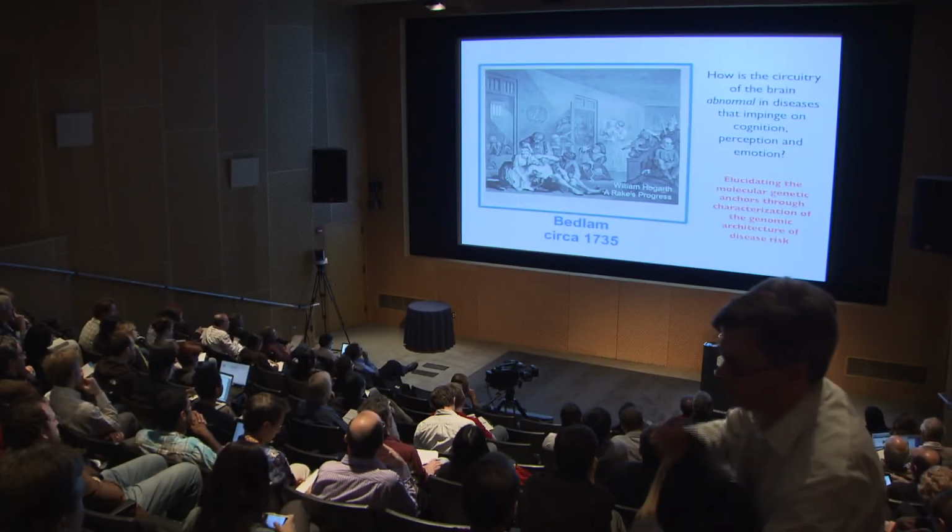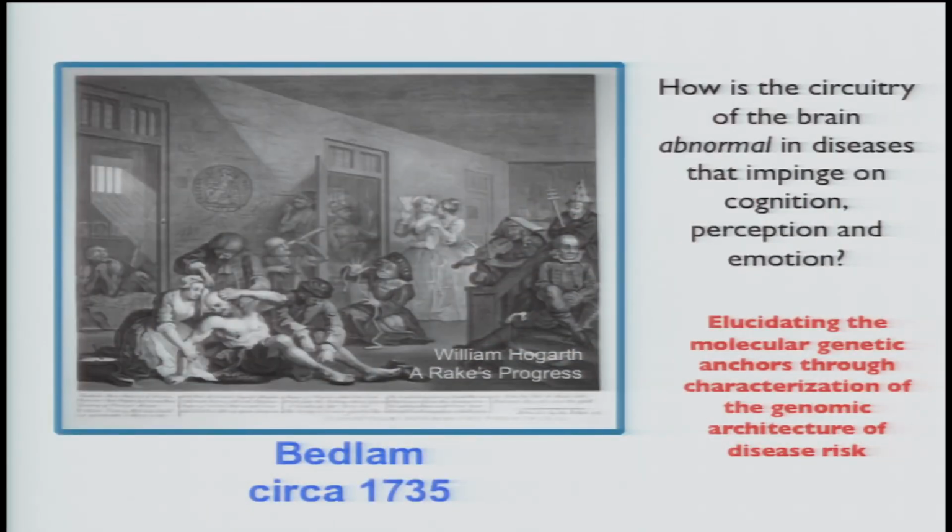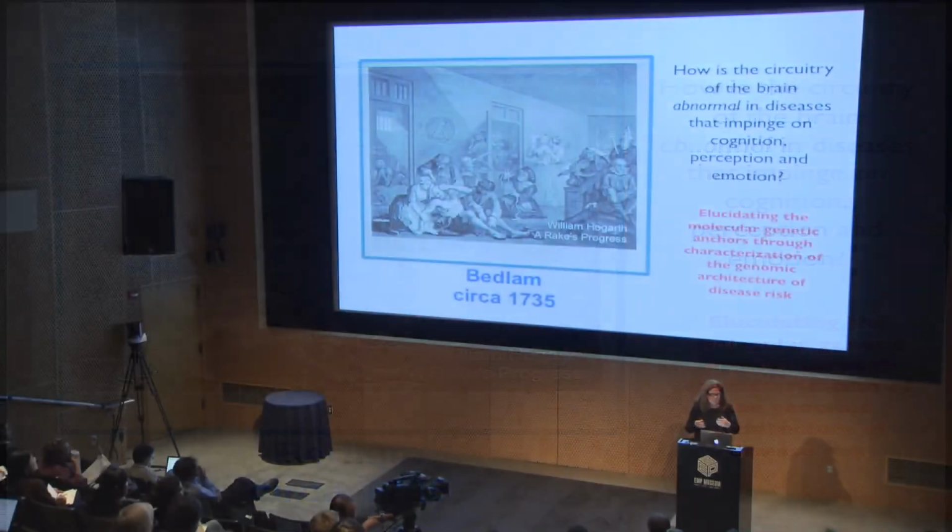The driving question for me is not so dissimilar to the driving question for many of you, except I want to know how the circuitry of the brain is abnormal in the diseases that impinge on cognition, emotion, and perception.